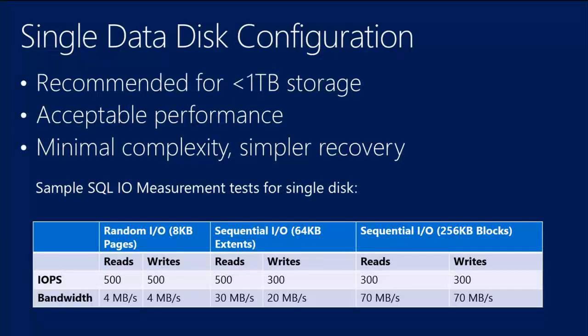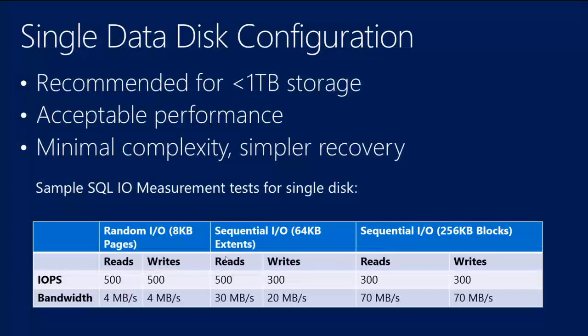So here are some sample SQLIO measurement tests for a single disk. What we tend to find is random I/O of 500 IOPS. We've been measuring 1,000 as well, but this is what we kind of guarantee per disk. And then a bandwidth of around 4 megabytes a second.